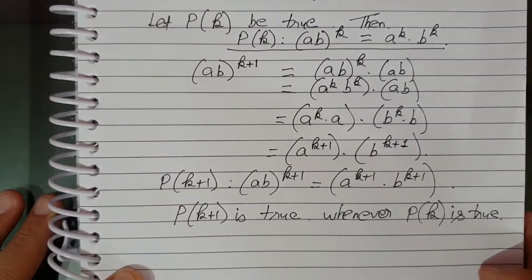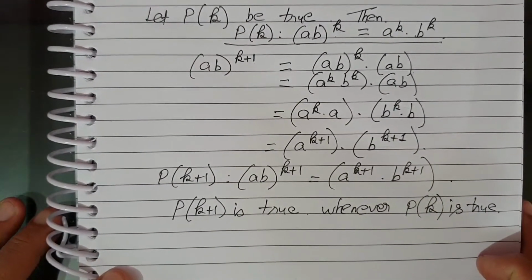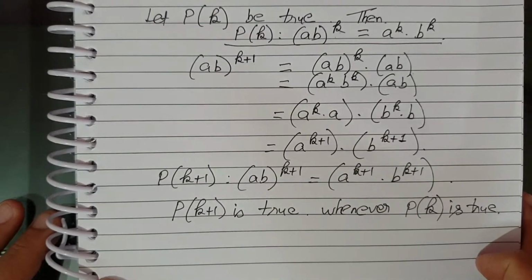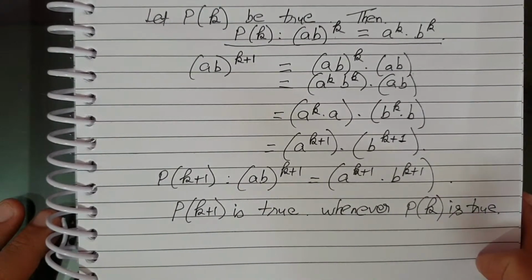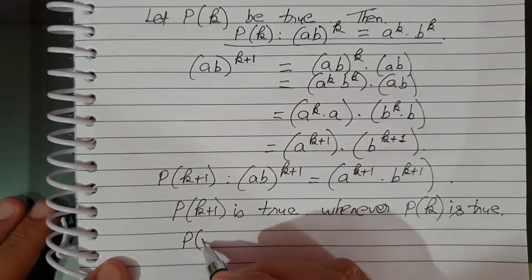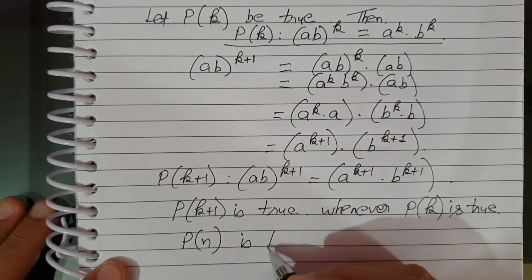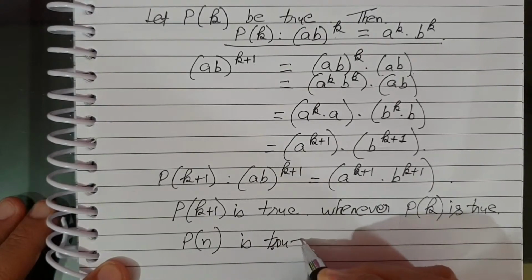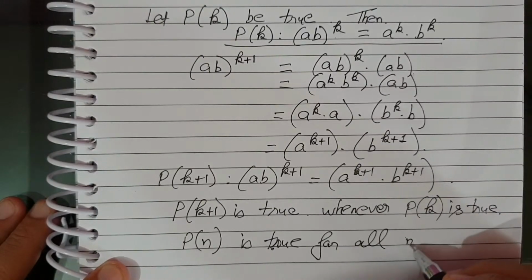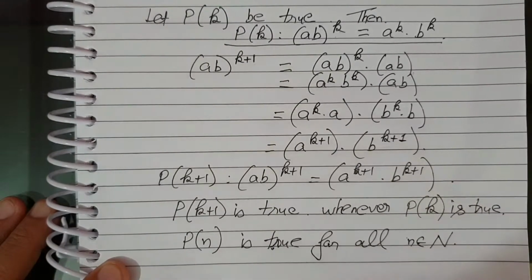Thus you have to write a statement like: P(1) is true, and P(k+1) is true whenever P(k) is true. Hence by the principle of mathematical induction, P(n) is true for all n belonging to the natural numbers.